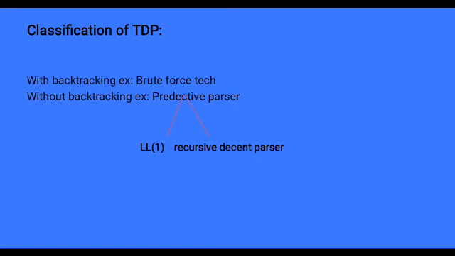S is the starting symbol. S tends to a, capital A, capital B, E, and capital A is replaced with bC, and B tends to D, and the input string is w equals abcde.